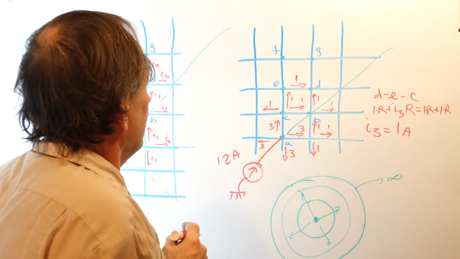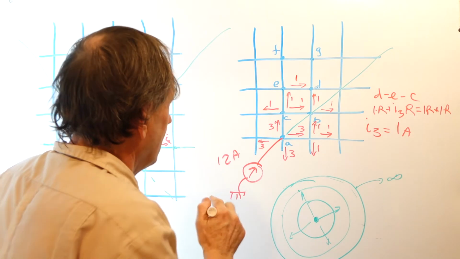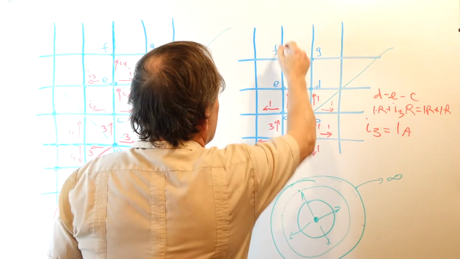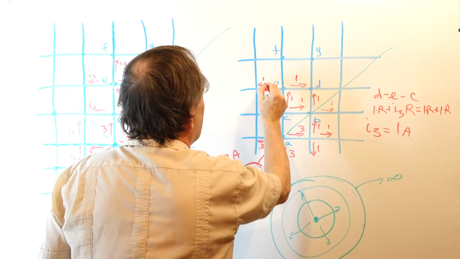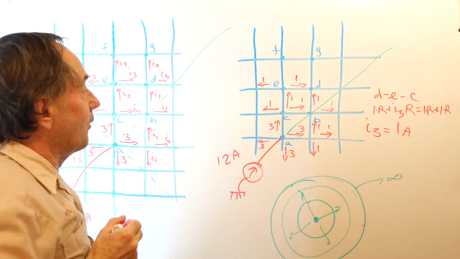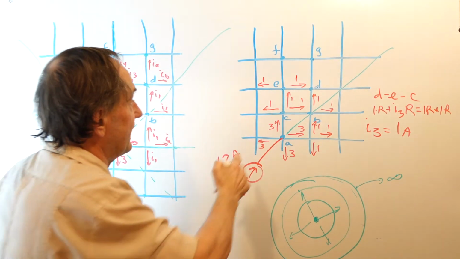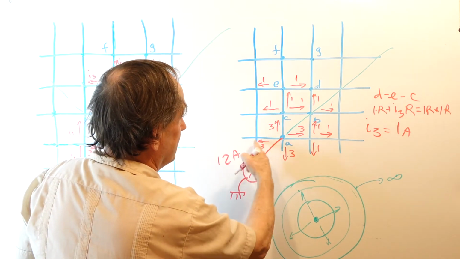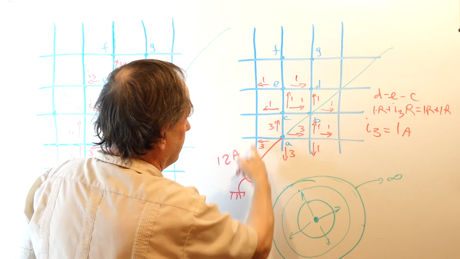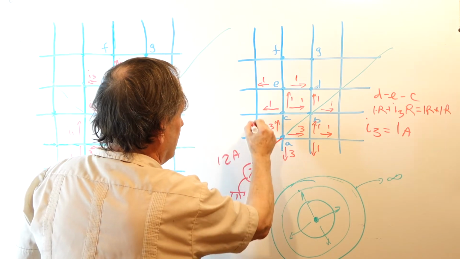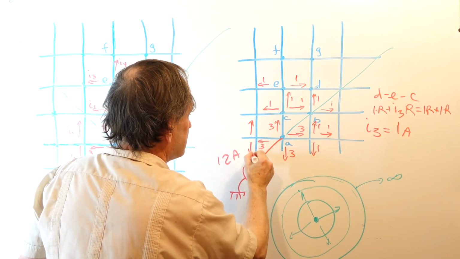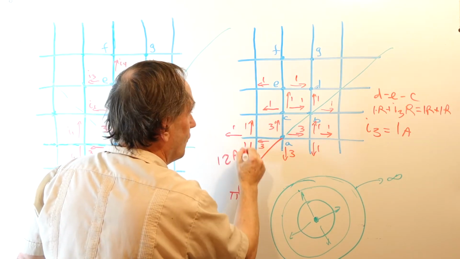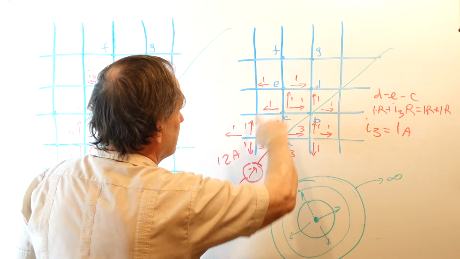Well, that being the case, we know from symmetry that we have to have the 1 amp flowing that way too. Because again, we can use our Kirchhoff's current law. We know that I3 is going to split 1, 1, and 1 because that's what we invoked.